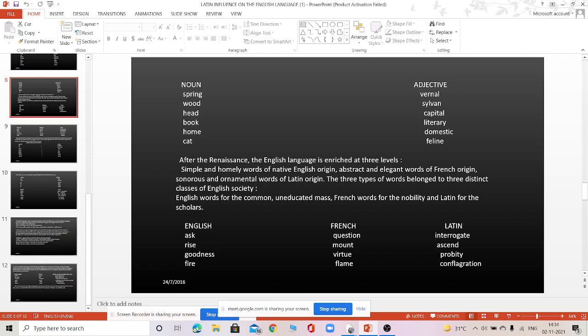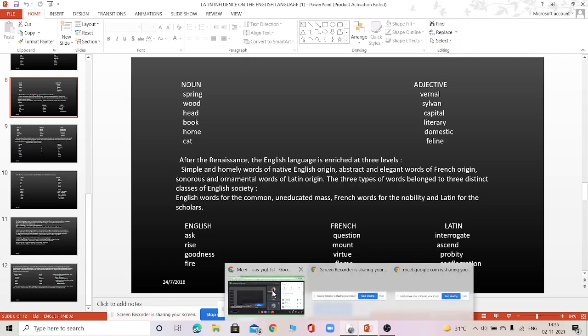The French words were used by the nobility. When the Norman conquest took place, William the Conqueror, as you know, became the ruler of England, and along with him a number of French nobles who belonged to the French aristocracy arrived in England.